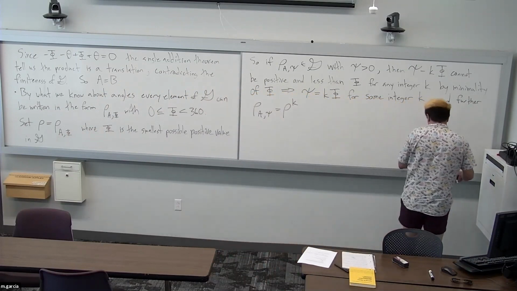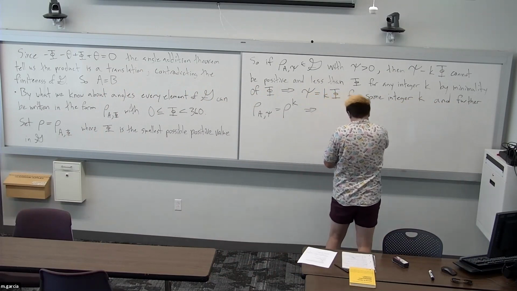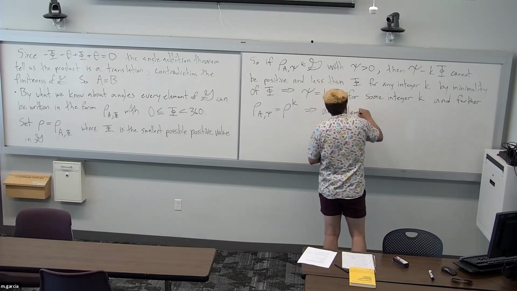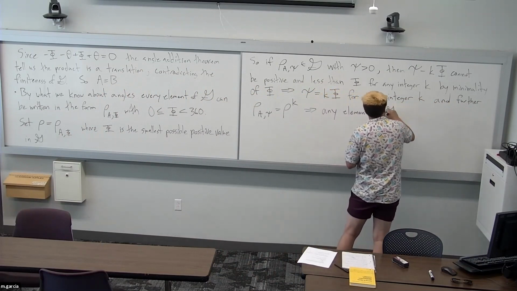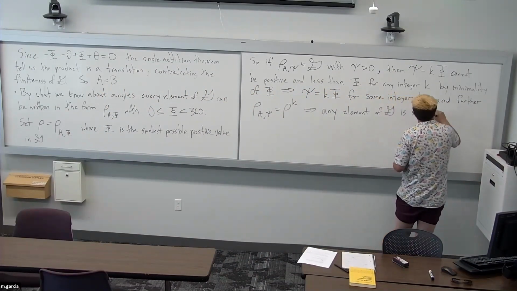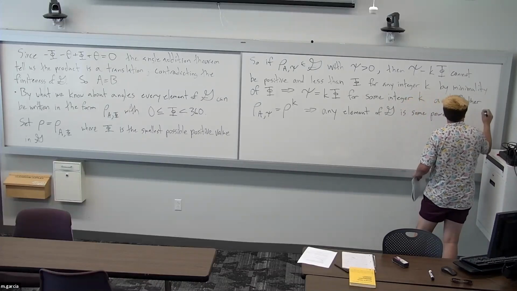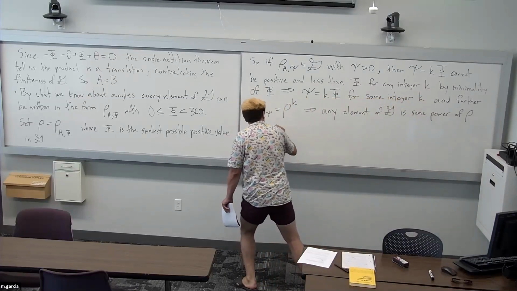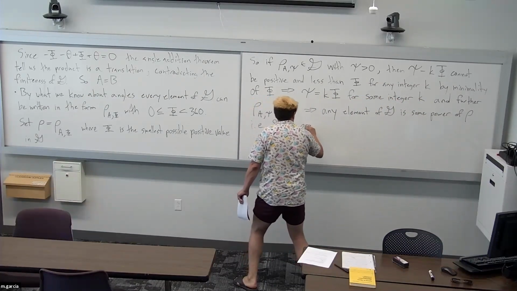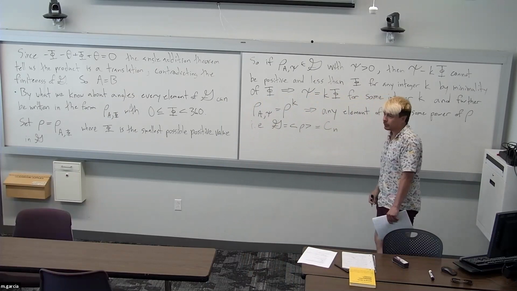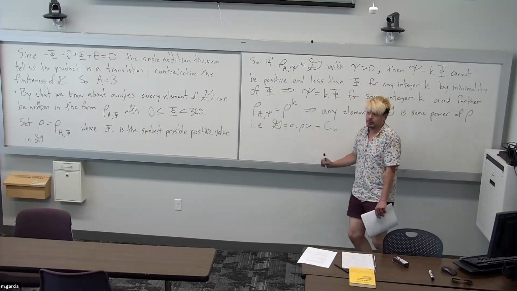So this implies any element of G is some power of rho, i.e. G is equal to the group generated by rho, which is just the cyclic group of order n, for whatever the order of rho is.